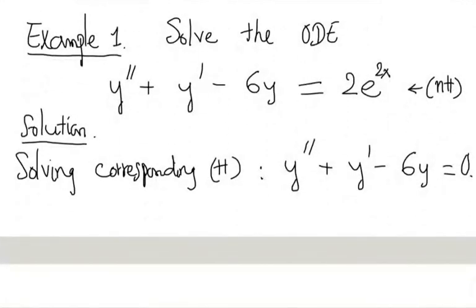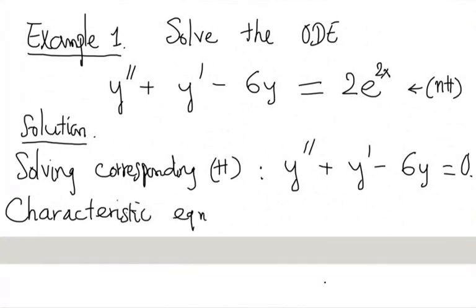We need to use the characteristic equation. Let me just write it out quickly, but you should be able to solve this. We have r squared plus r minus 6 equals 0.